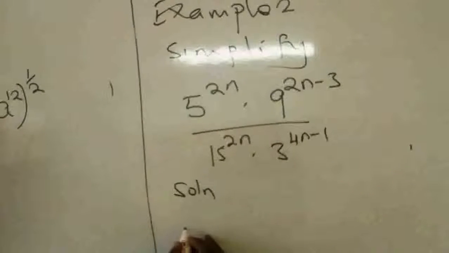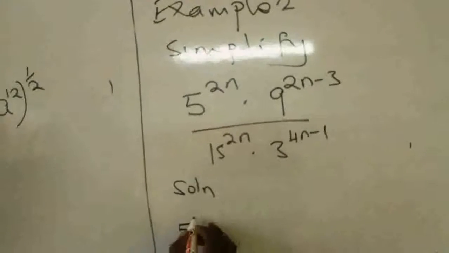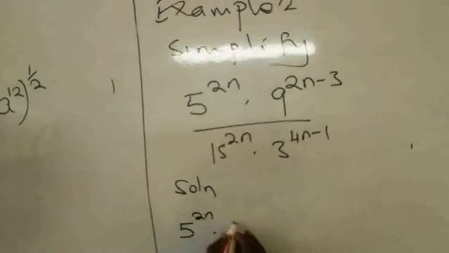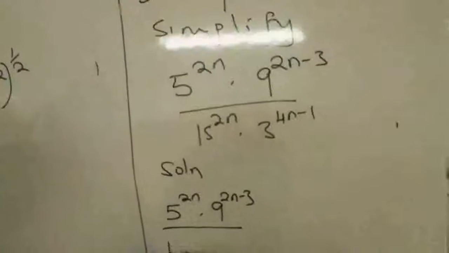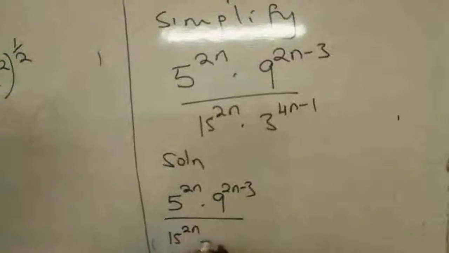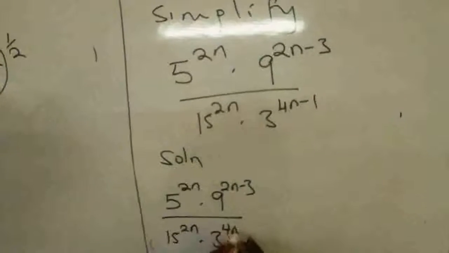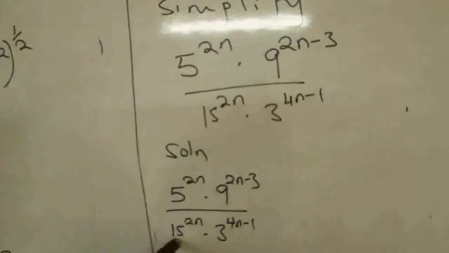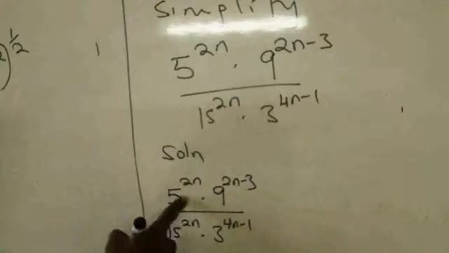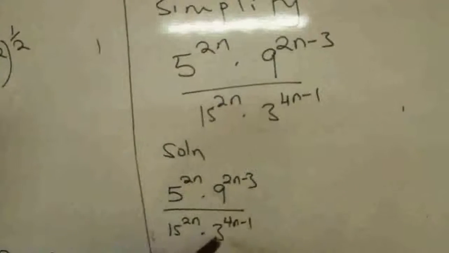We look at 5 power 2n times 9 power 2n minus 3 over 15 power 2n times 3 power 4n minus 1. We can see that we can split the 9 and we can split the 15. There's nothing much we can do on the base 5 and base 3.